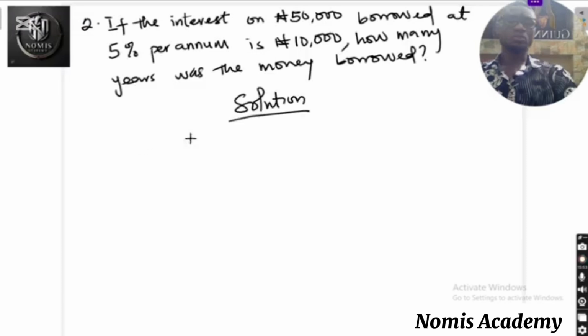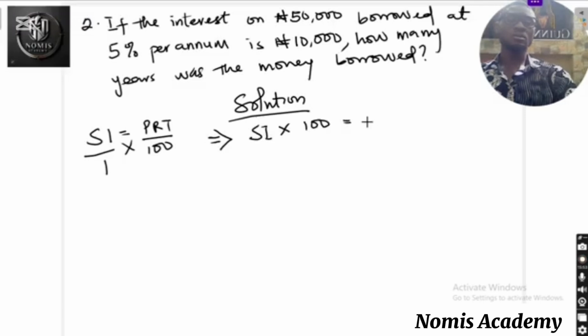So the first thing we should remember is the formula SI equals PRT over 100. Now I want to make T the subject of the formula. So what I do is to cross multiply. When I cross multiply, the formula becomes SI, simple interest, multiplied by 100 equals PRT.